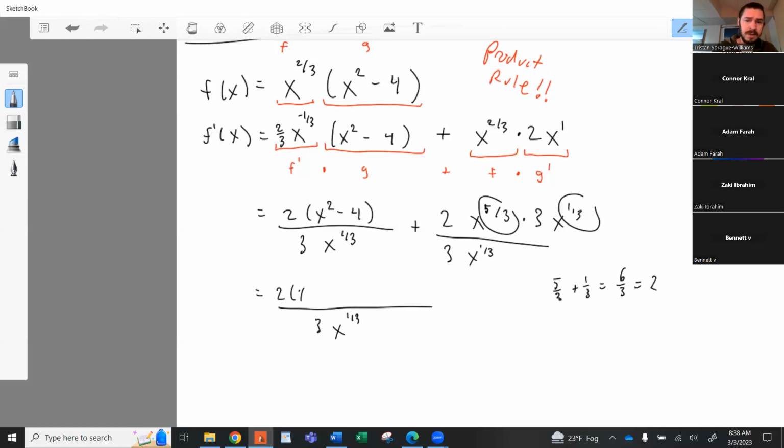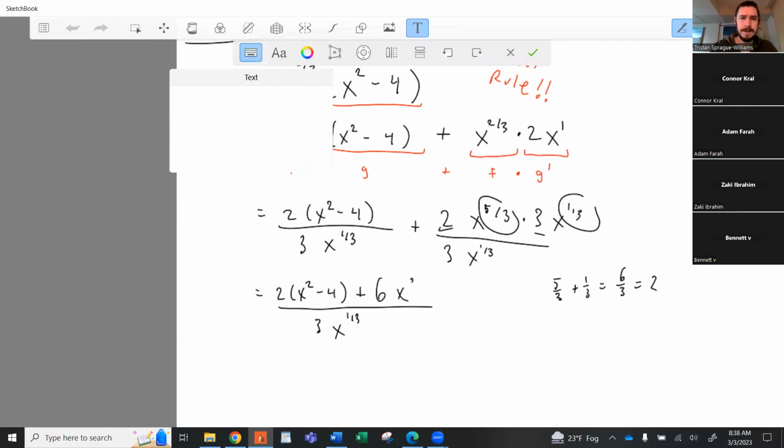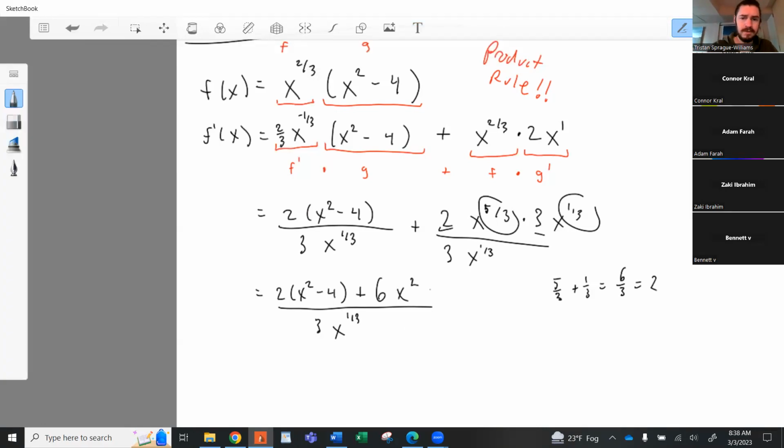So it's 2 times x squared minus 4, plus 2 times 3, which is 6, and then x to the 5/3 times x to the 1/3 is just x squared.